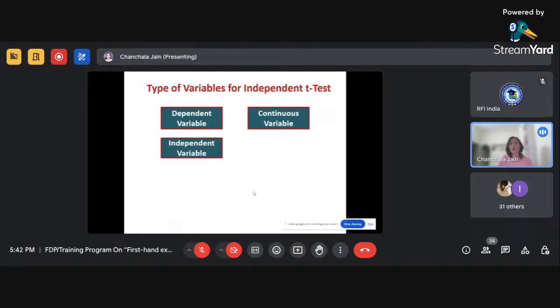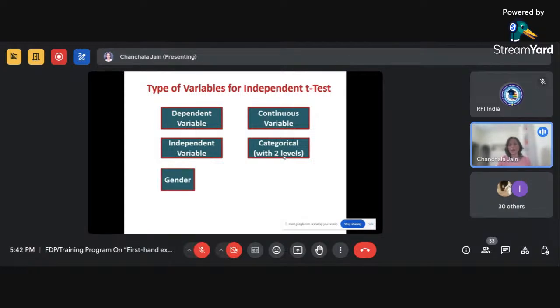Then we need an independent variable, and it should be categorical in nature with two labels, right? Two labels means there should be two groups. Labels means groups, or you can call them samples also, right? So the independent variable should be categorical and should have two groups or two samples. This is the basic requirement of the variables to perform the independent samples t-test.